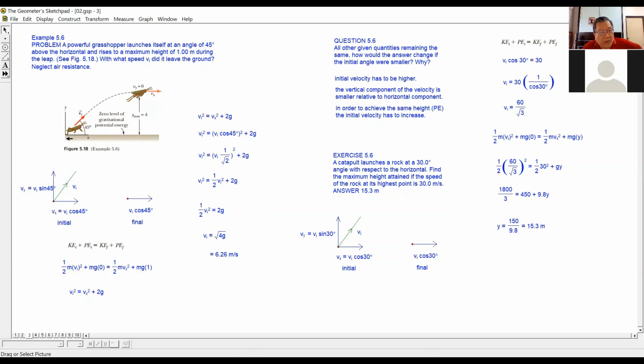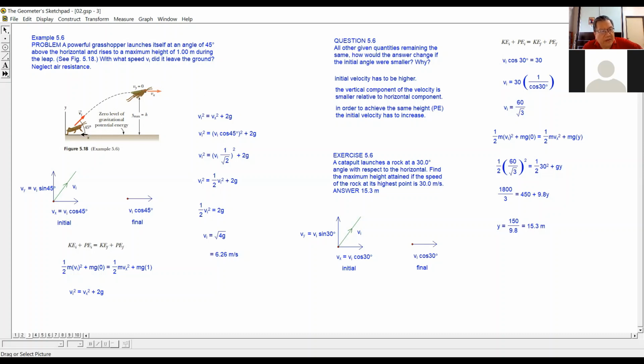The horizontal component is not influenced by gravity, right? So the grasshopper reached a maximum height of 1 meter. Maximum height means what, you know? It means it has lost all its vertical component of the velocity. The only component left is the horizontal component of the velocity.